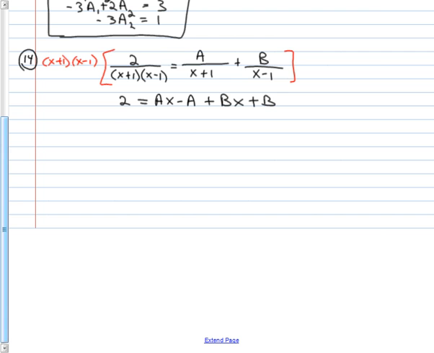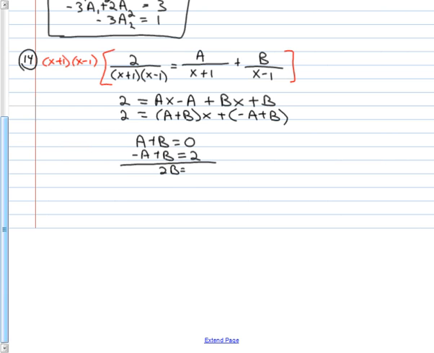All right. So 2 equals a plus b are my x terms, and negative a plus b are my constants. So my x term, what does my a plus b equal? 0 on the left. And my negative a plus b equals 2. Hey, I can add those together. 2b equals 2, b is 1.